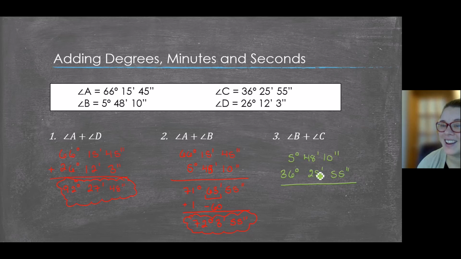All right, adding those up, 10 and 55 leaves me with 65. 48 and 25 leaves me with 73. And 5 and 36 gives me 41 degrees. So now we notice we have 2 that are greater than 60. I'm going to do them one at a time because I think it might make it a little easier for you. So we're going to take 60 off of this, and we're going to add 1 in over here.